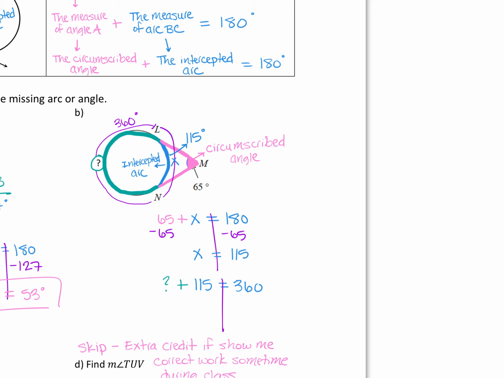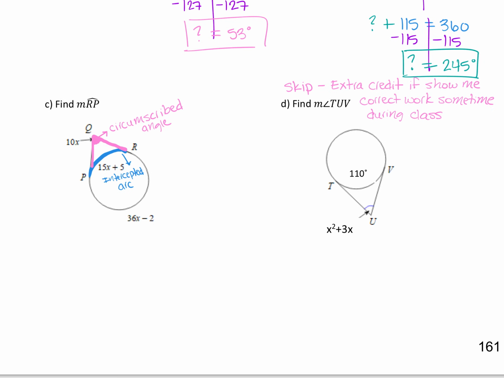So subtract 115 from both sides, and that gives us the question mark is equal to 360 minus 115, which is 245 degrees.